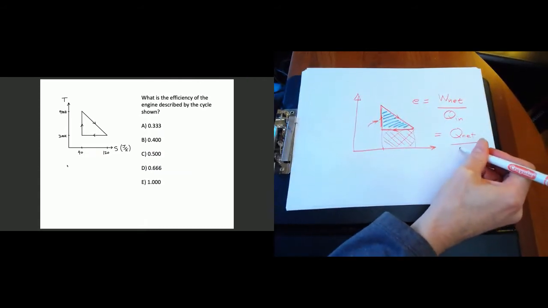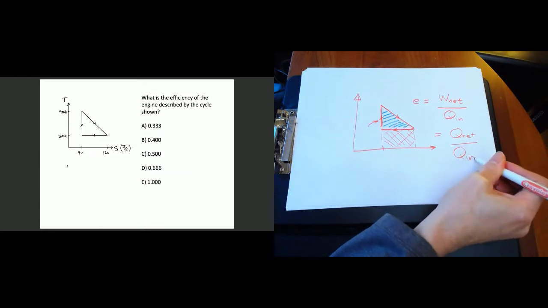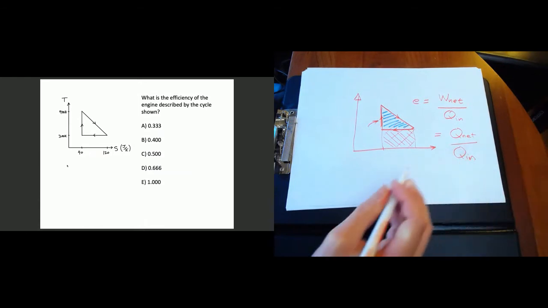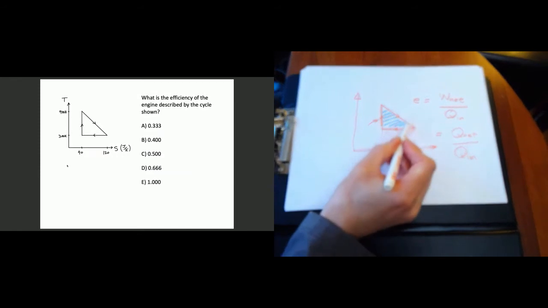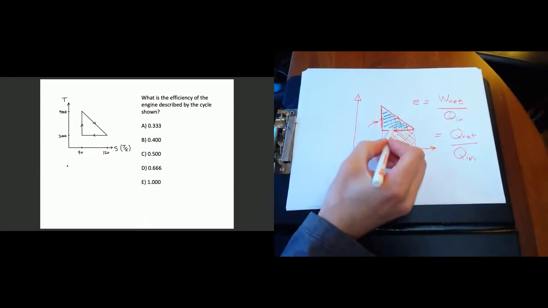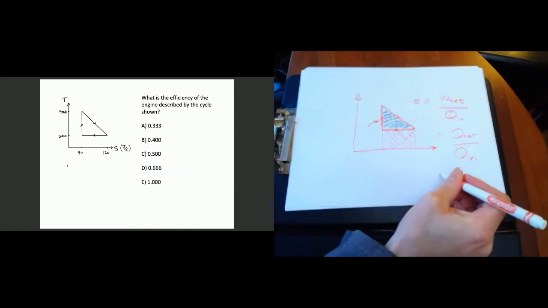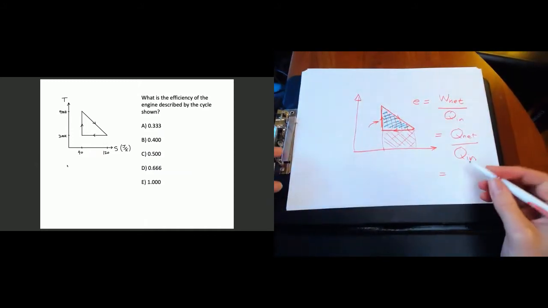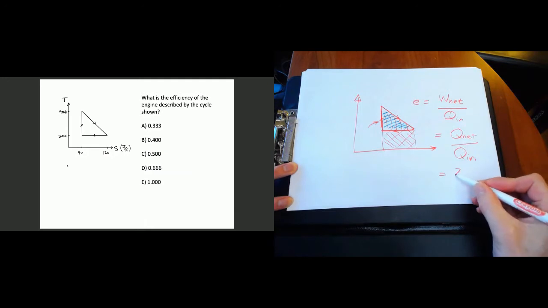So the net heat for the cycle divided by the positive contributions to heat. And then what we see is that, as before, the net heat for the cycle is the area of the triangle, just the area inside the curve. And so that was 24 kilojoules.